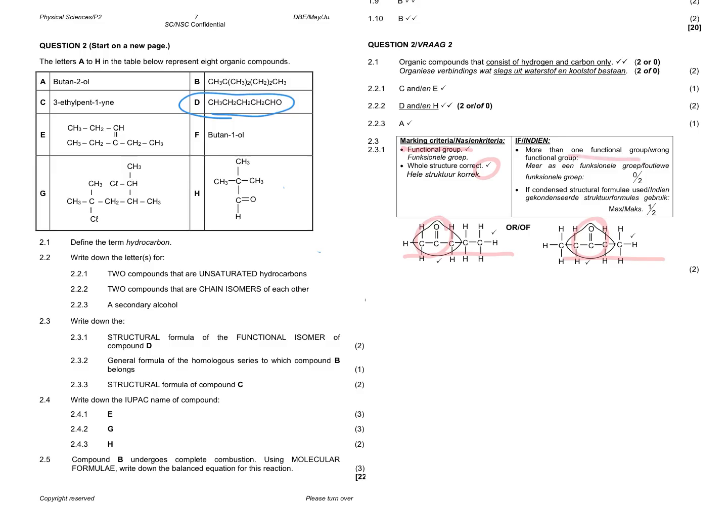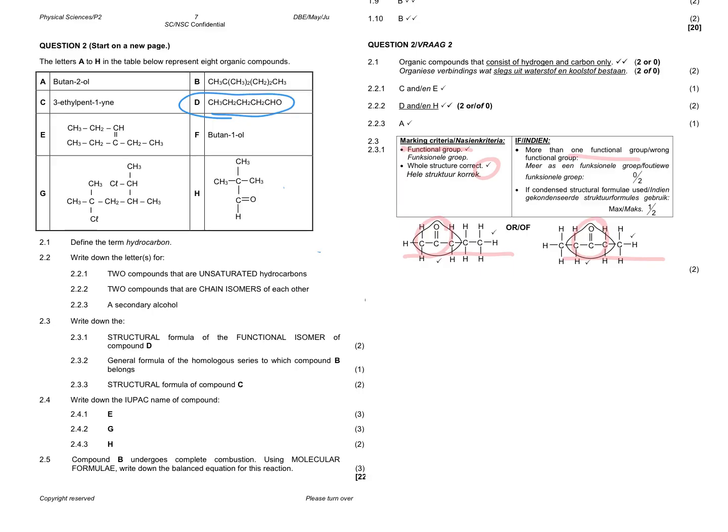If you had more than one functional group or the wrong functional group, so if you drew an alcohol, you get 0. If you drew an acid, you get 0. If you drew an ester, you get 0. And if you use condensed structural formula, you get a maximum of 1 out of 2, because they asked for structural formula. So just do what they asked for.